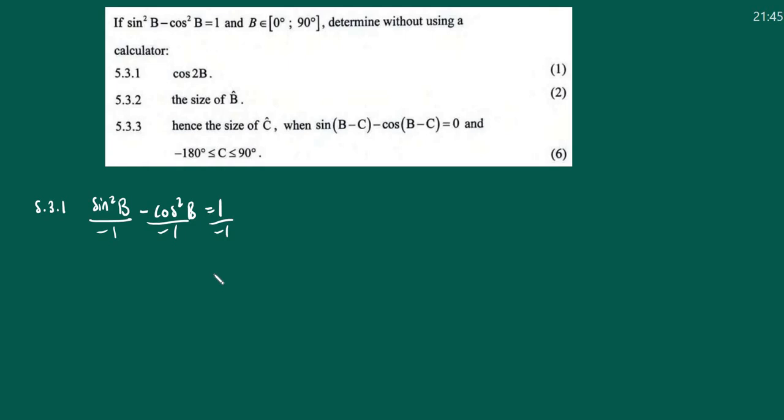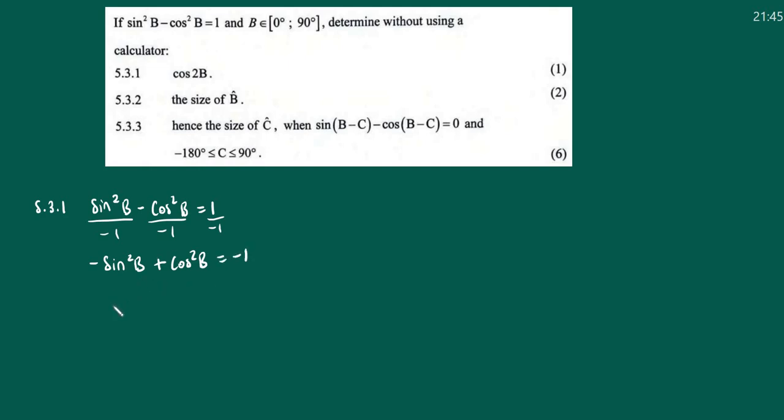Okay, perfect. So as I was saying, we can start it so that we can understand it properly. We write what they gave us: sine squared b minus cos squared b is equal to 1. Then we divide throughout by -1, so that we have negative sine squared b plus cos squared b is equal to -1.